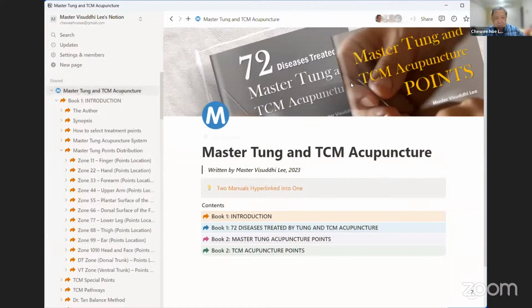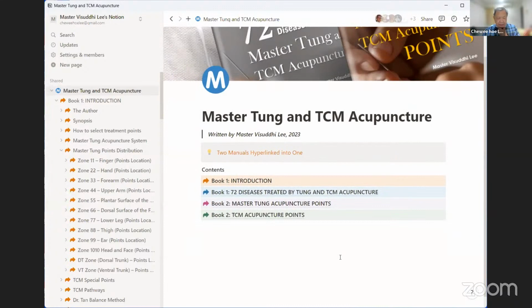This is the digital book. Okay, the digital book. 2 books. 1 book on diseases, 1 book on points. All right.